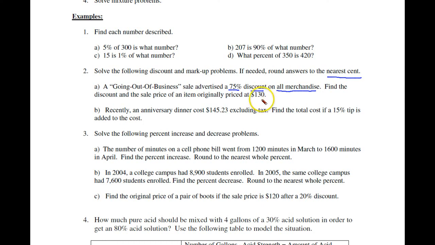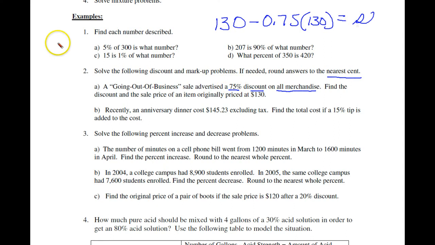Well, in something like this, sometimes you don't really need an equation. So if you are going to get this much off, okay, let me write that out for you.